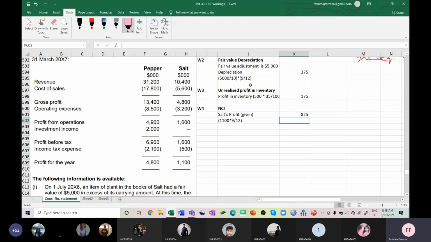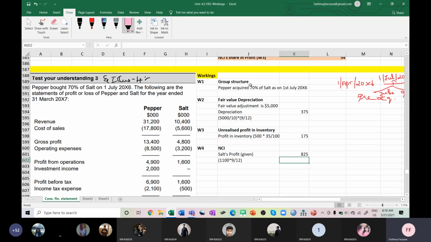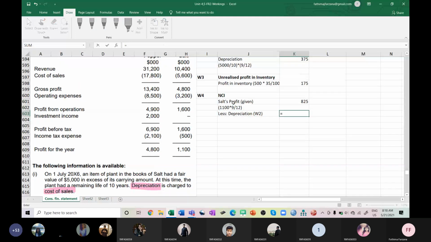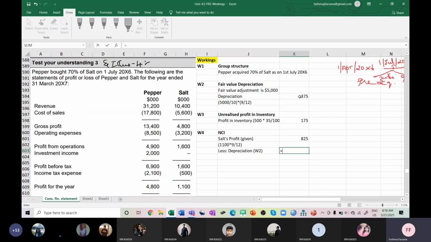Then from this, the two adjustments, working note 2 and working note 3, I'm going to deduct. So less, is equal to 375 minus.